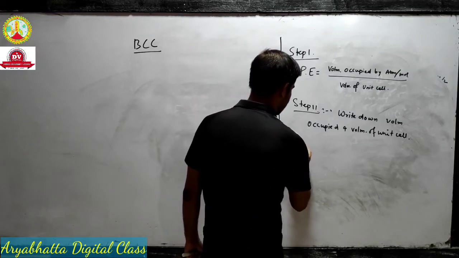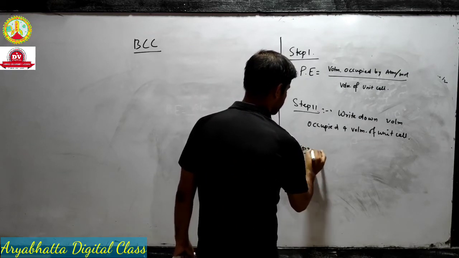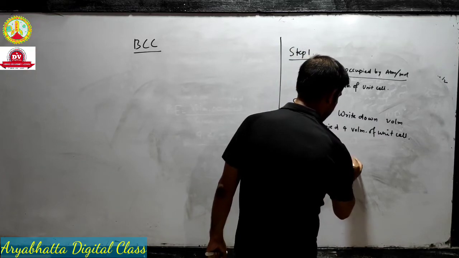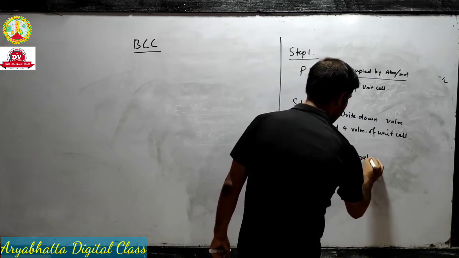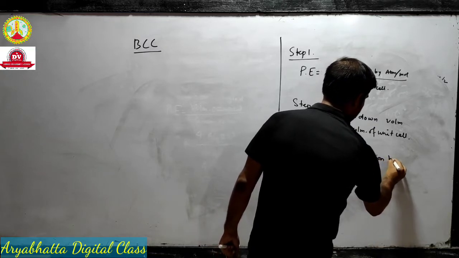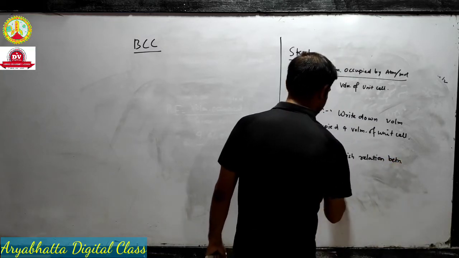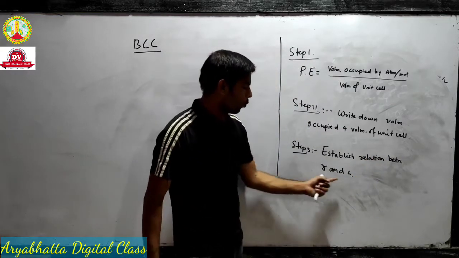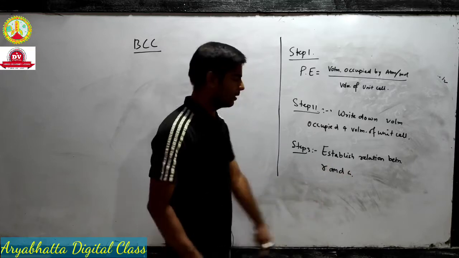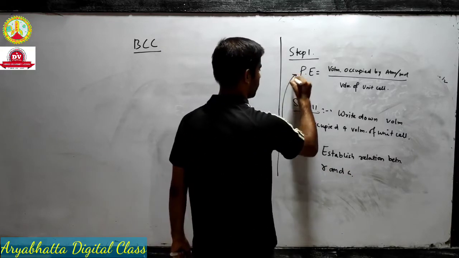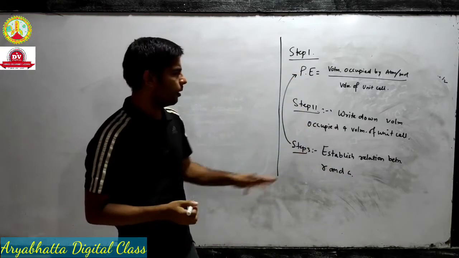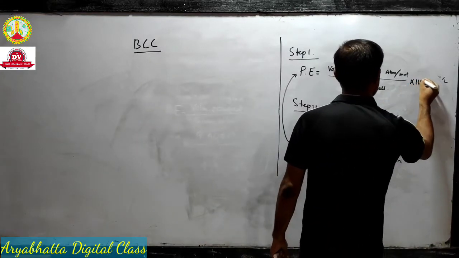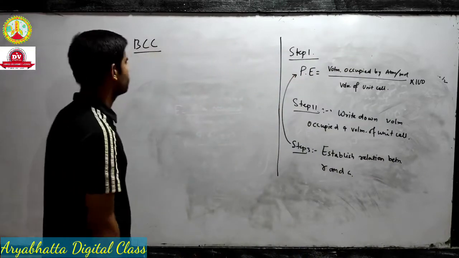And in the final step, establish the relation between R and A. Once you get the relation between R and A, you go back to step 1, put in the values and calculate the packing efficiency. You will get 100 here for percentage.